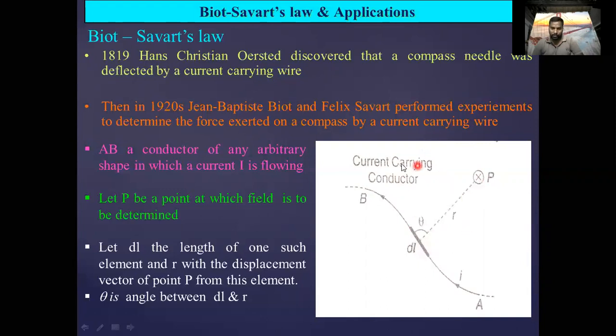Using this construction, they developed the magnetic field at P due to the dl element, which is dB.